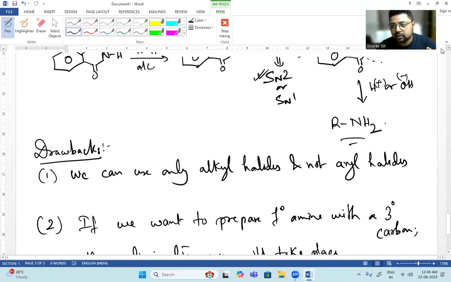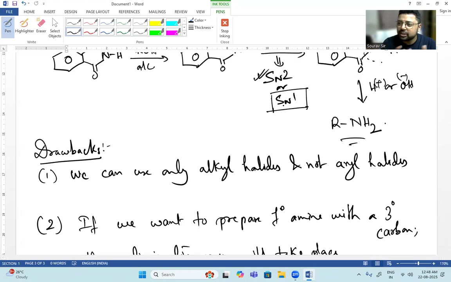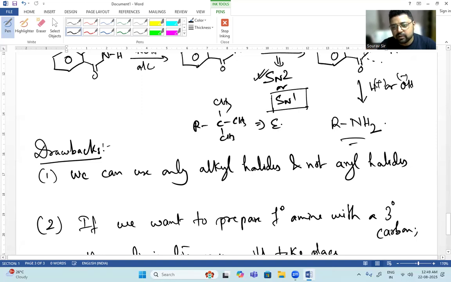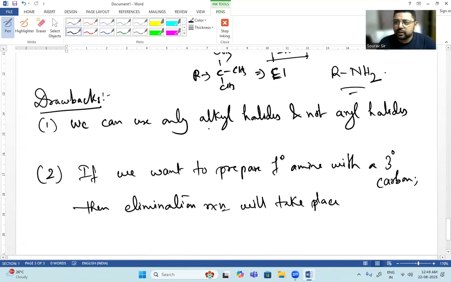This SN1 type is very rare, and most often, without going to the SN1 pathway, it will go to the E1 pathway. That means the elimination pathway will be favored if I use R as C, CH3, CH3, CH3. This will give rise to E1 reaction, not SN1 reaction. Understood? So these are the main things.